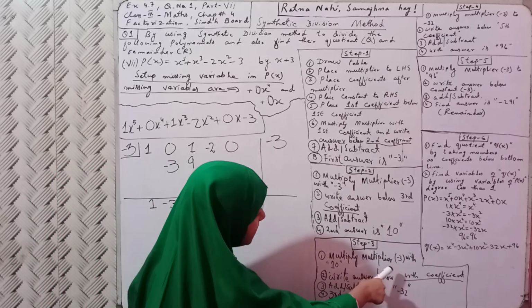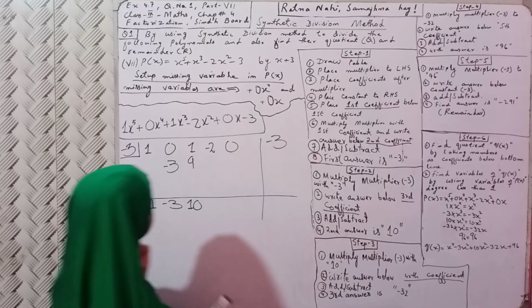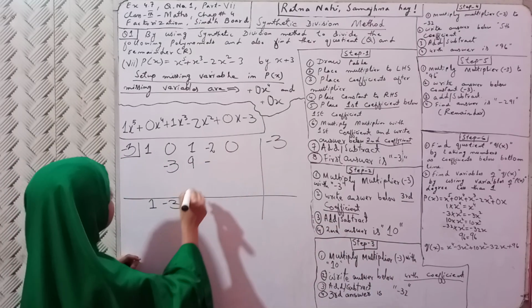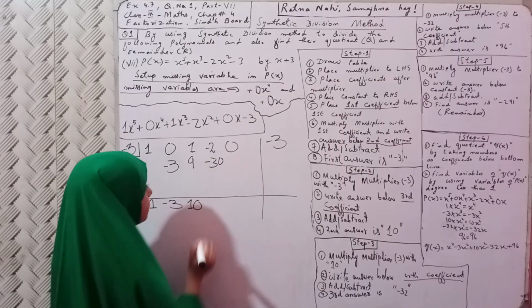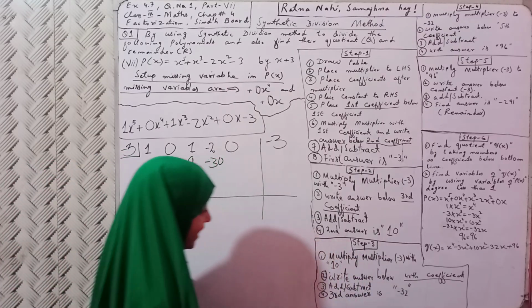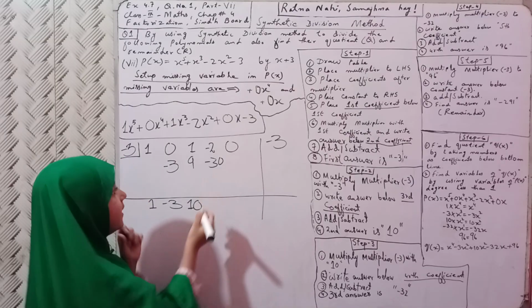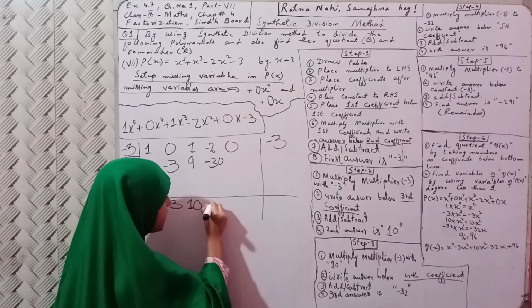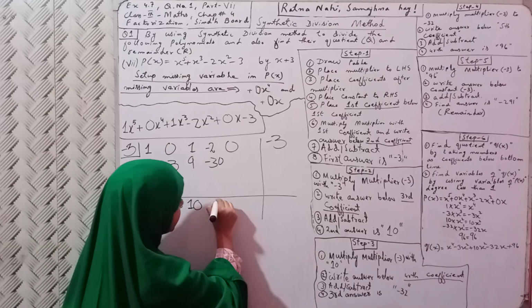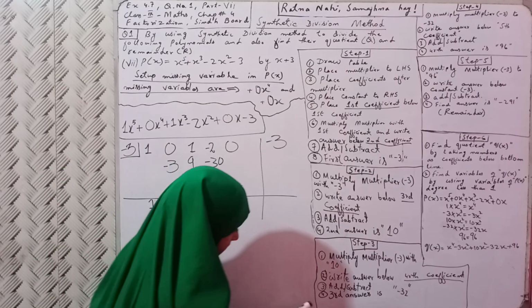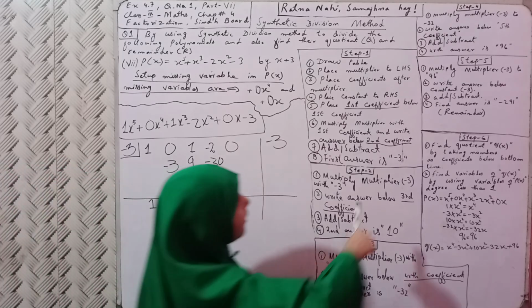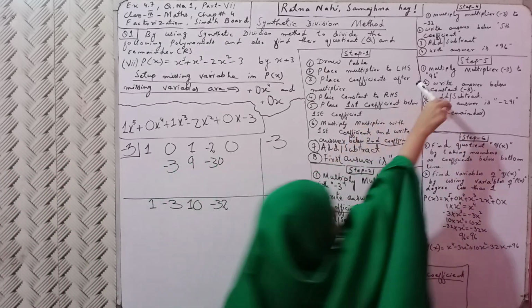Now multiply the multiplier minus 3 with 10. Minus times plus is minus, 3 times 10 is 30. Understood? Now write the answer below the next coefficient, add or subtract. The minus sign will come and we will do the plus, so the answer will become 32. The third answer is minus 32. Correct. Now let's come to step number 4.